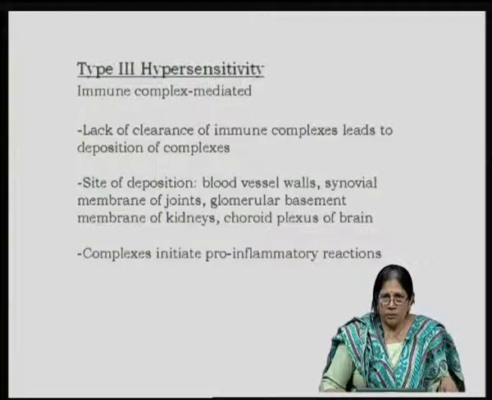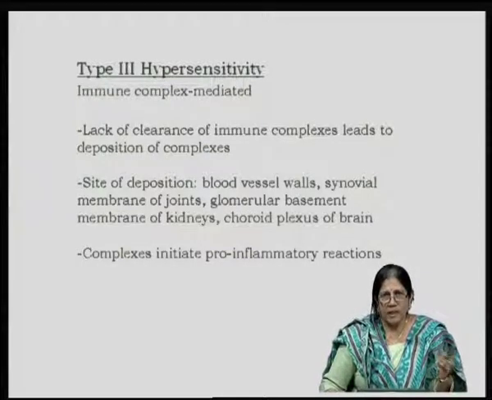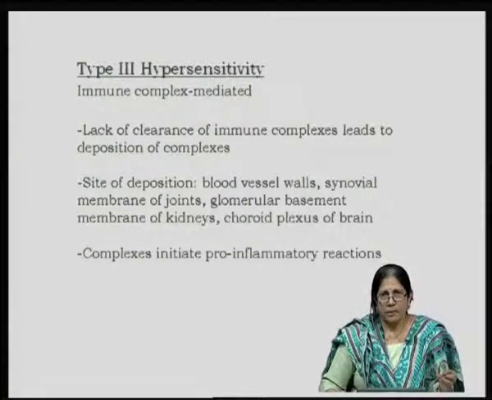This brings about an inflammatory reaction in the way that split products are formed. You remember C3a, C5a and C4a. All these three have receptors on mast cells, basophils and neutrophils, and now these can activate mast cells to degranulate and cause a type 1 hypersensitivity like reaction.